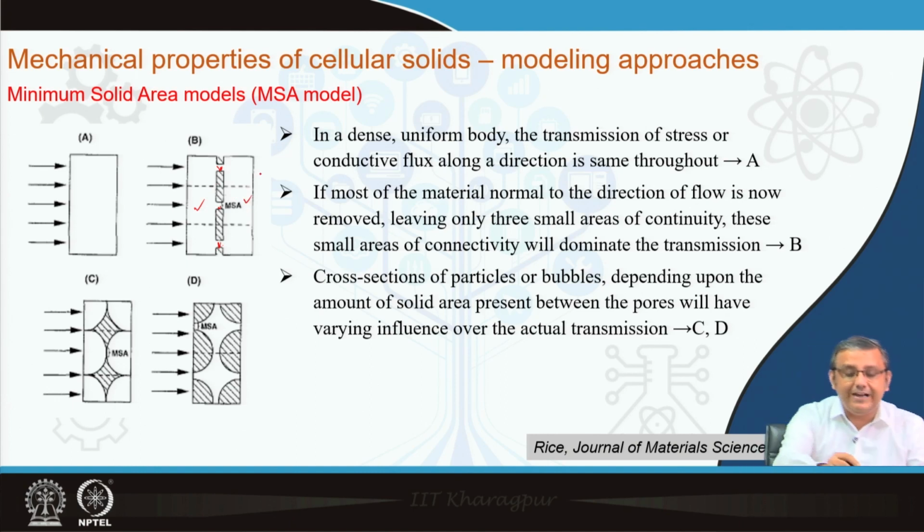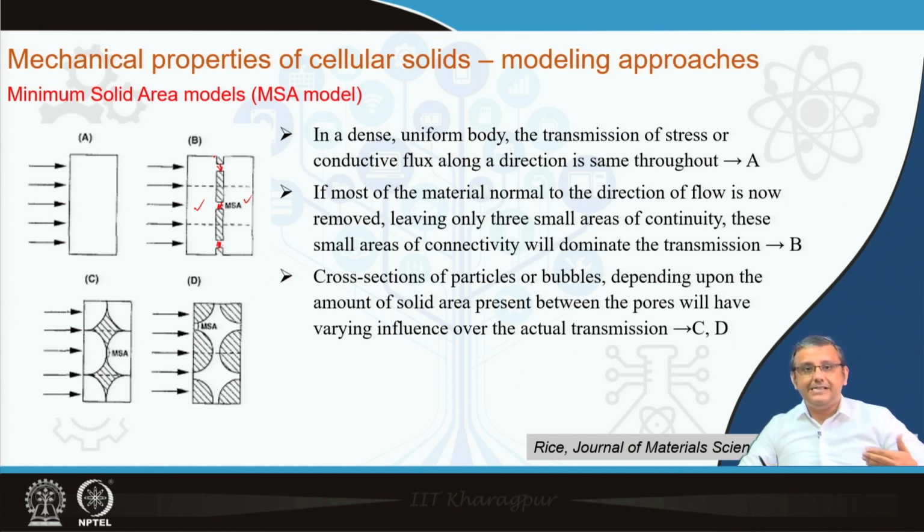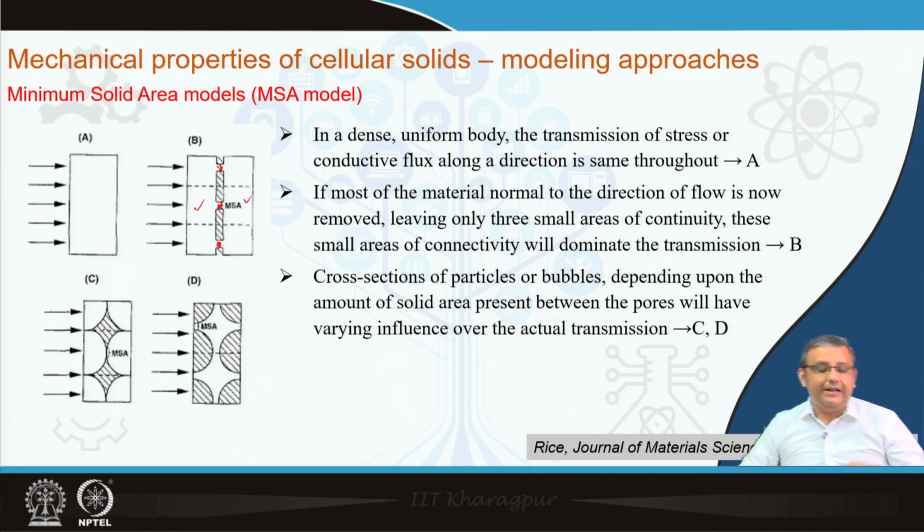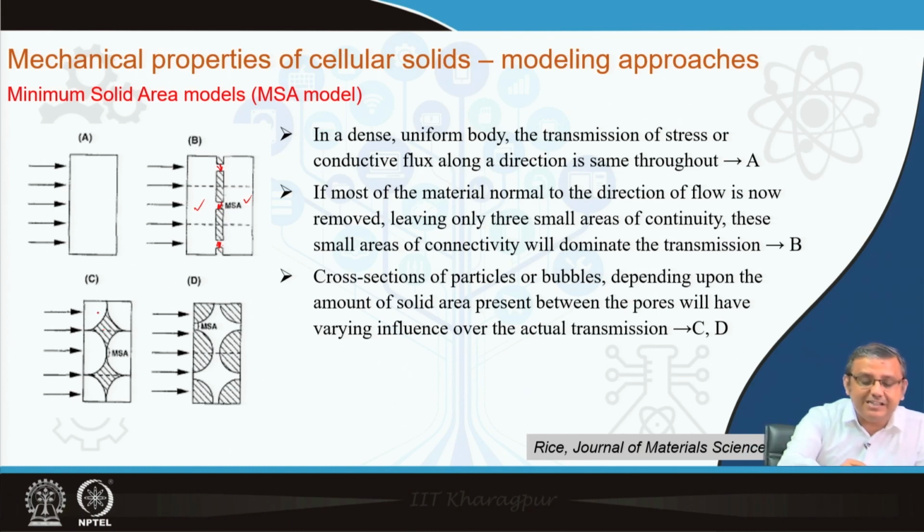That means if we are applying some load or flux on this side, the transfer from this side to this side can only happen through this neck region between the individual pores, which is being shown over here. Again, if we take a more realistic situation, the hatched portions in image C are the pores, and in this case these are the solid materials.